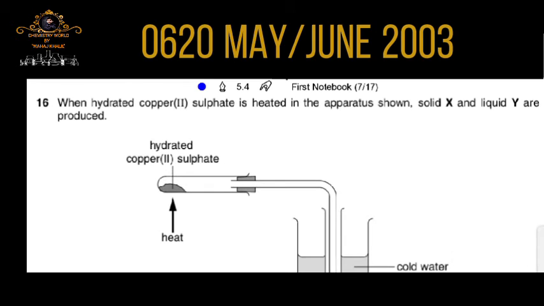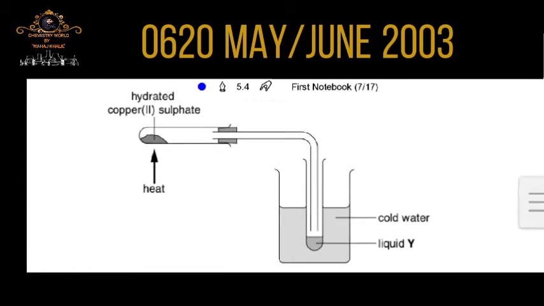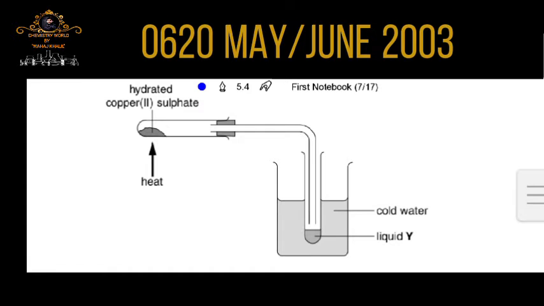When hydrated copper sulfate is heated, in the apparatus shown, solid X and liquid Y are produced. Hydrated copper sulfate is heated, and the liquid is collected in cold water.